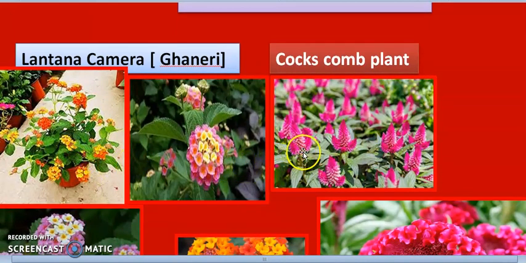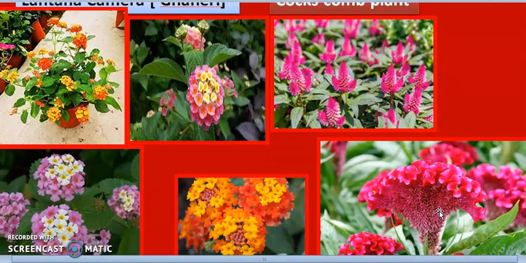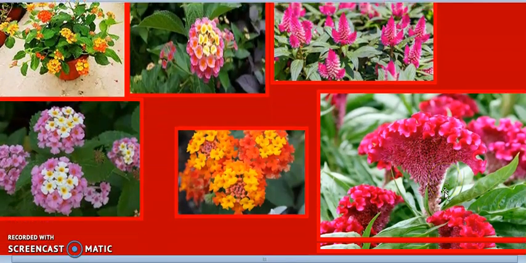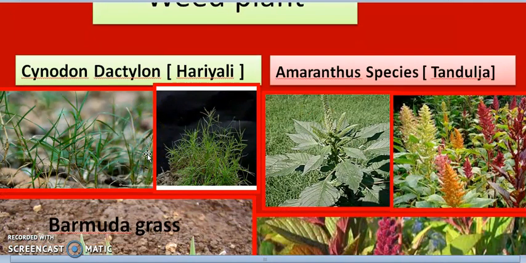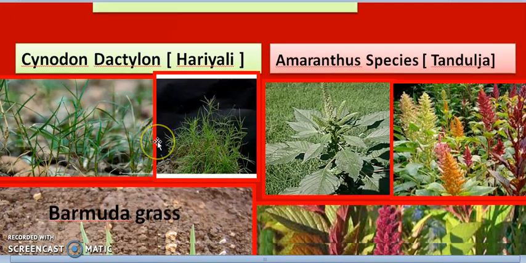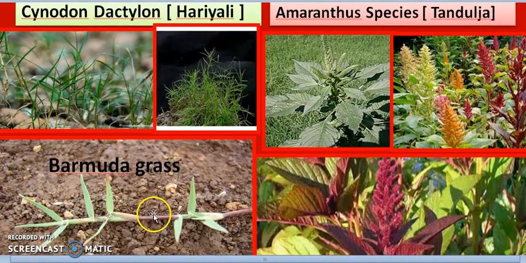In the second image here we see the coxcomb weed plant, which majorly appears in light soils. Then we see Cynodon dactylon, the Bermuda grass.